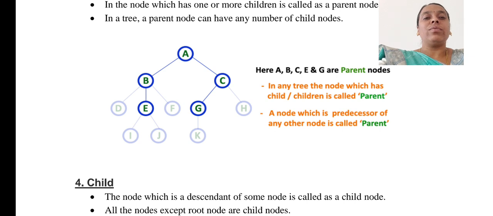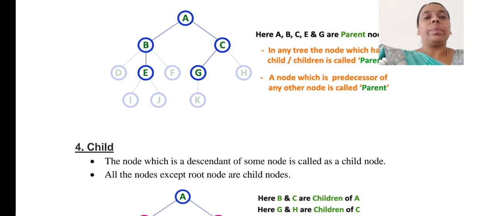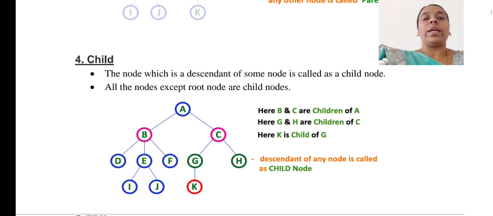D, E, F are children of B, and B and C are children of A. The node which is the predecessor of any other node is called a parent node. The next one is the child. All the nodes except the root node are called child nodes. Here B, C are children of A, D, E, F are children of B, and G, H are children of C.